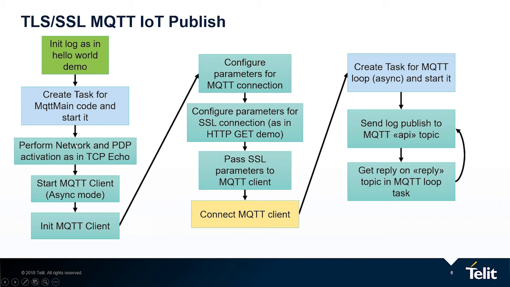Then we start the MQTT client in async mode, configuring all the parameters to connect to the MQTT broker, and also the SSL parameters. Once the parameters are configured, they are passed to the MQTT client, which is then connected to the broker itself. From this point, we start a publishing loop that sends log messages to our cloud, the IoT portal from Telit, and gets the reply on the reply topic.